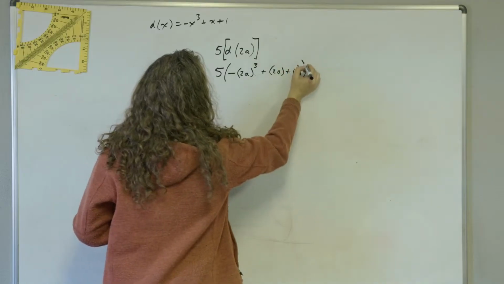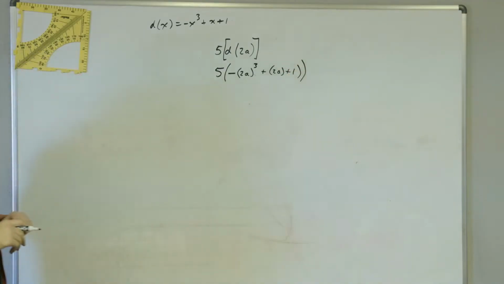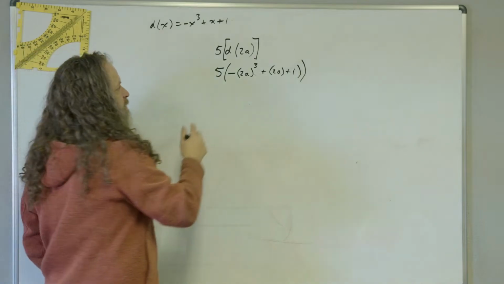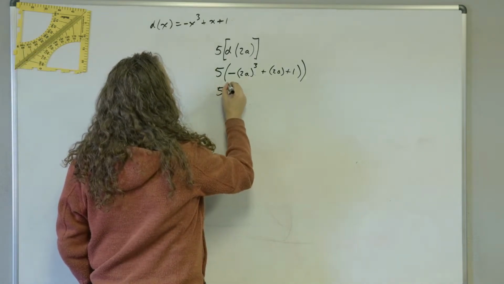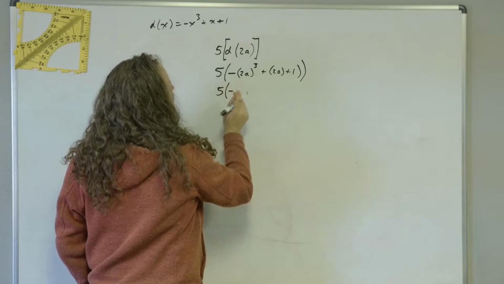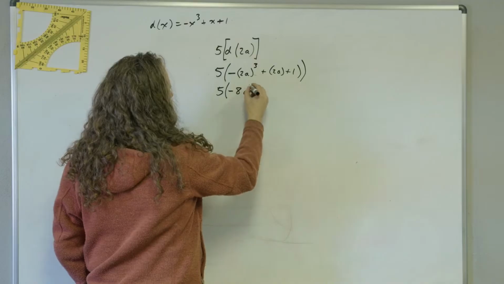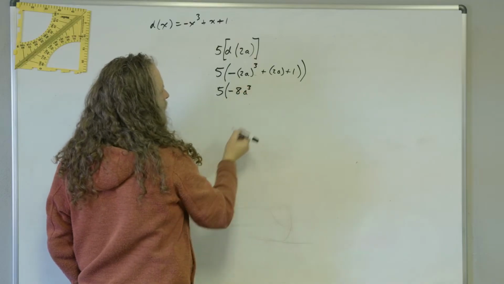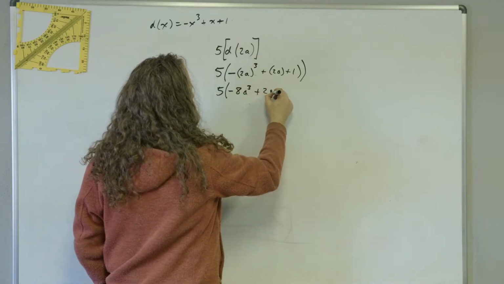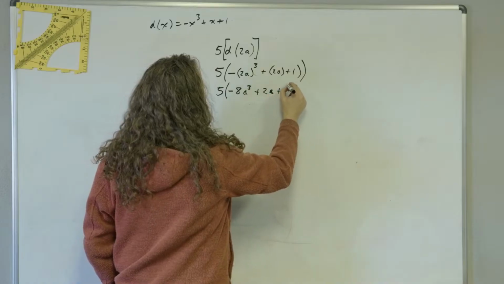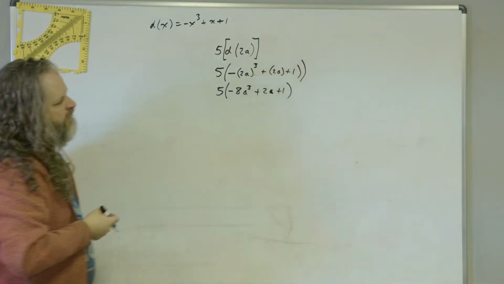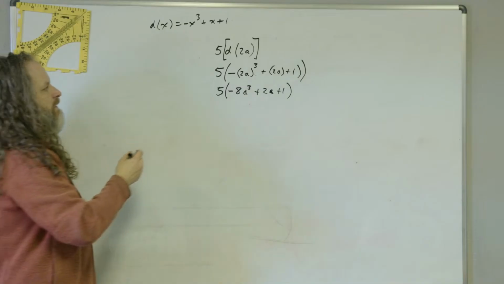Right? So what do we need to do to clean this up? 2a cubed. What is 2a cubed? Negative 8a. Well, the negative because of this, but yeah, 8a cubed, right? Plus 2a plus 1. Now what? Distribute the 5.